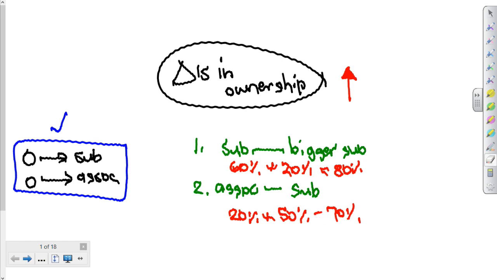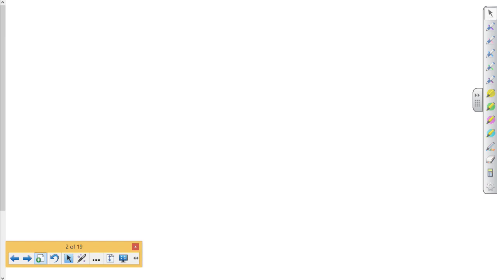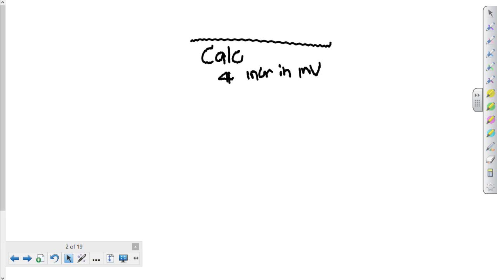The calculation that you're going to do doesn't look very different to the calculations we've looked at before. So, calc for increase in investment. It looks like this. Fair value of assets and liabilities.